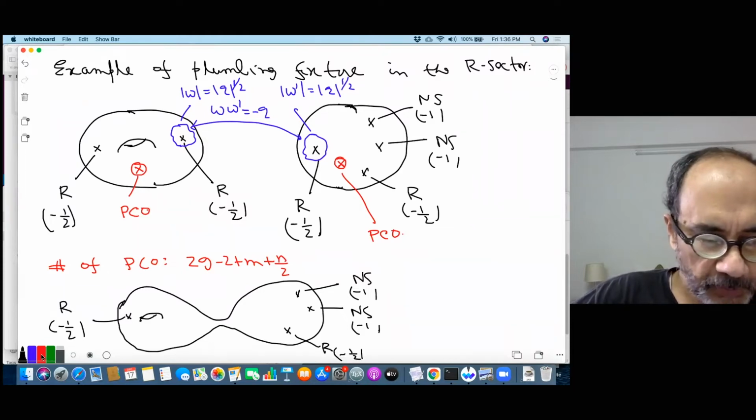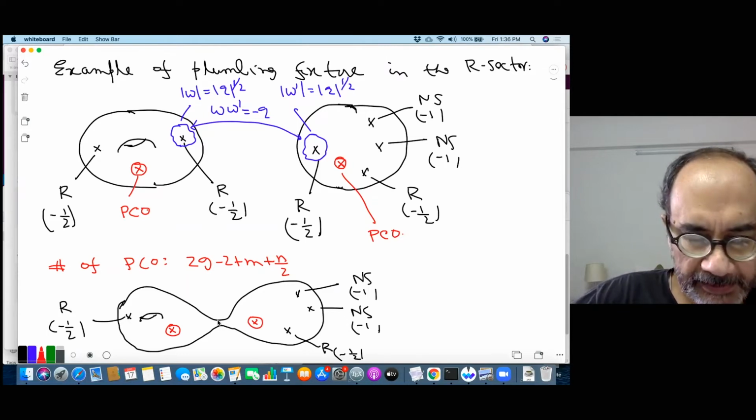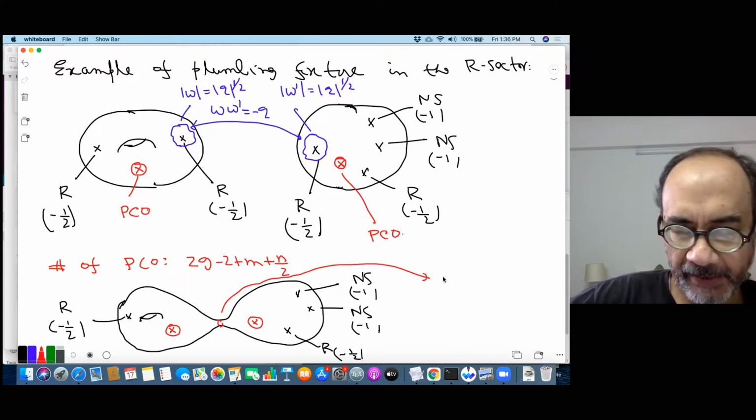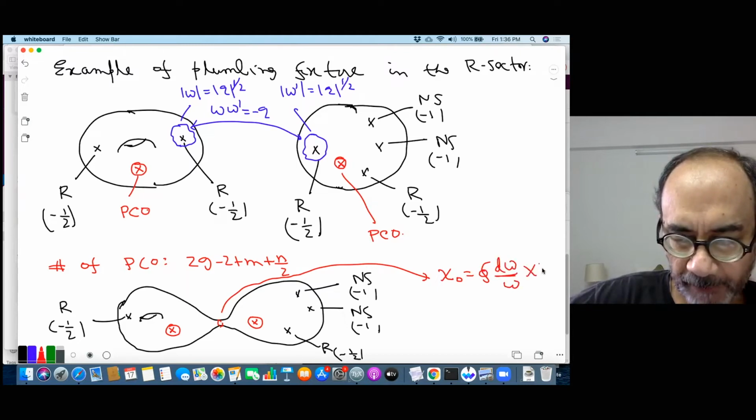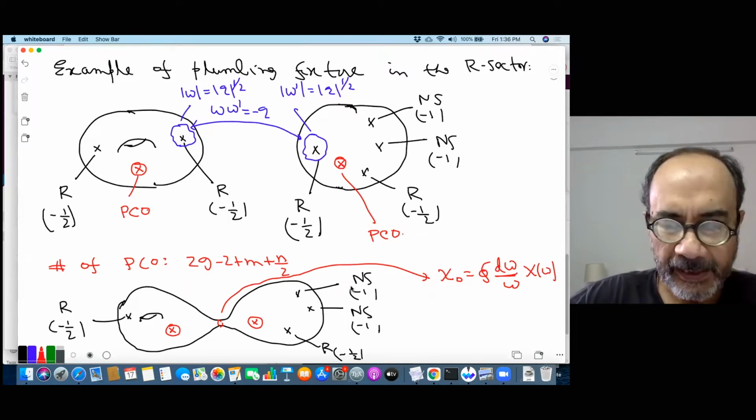And then 1 PCO on each of these. And what I told you last time is that it follows that on this neck you have to insert a PCO, but not at a single point, but as an average over many insertions. That averaging was precisely the integral dw over w times chi(w). That was the content of what I told you last time, and the reason you have to insert it is because this is a Ramond function.